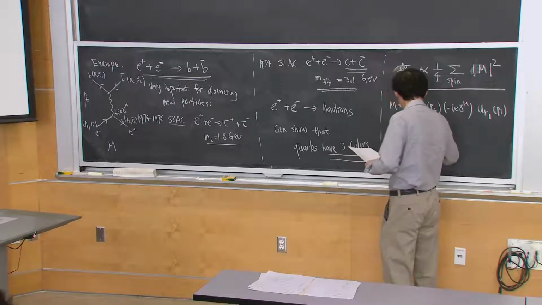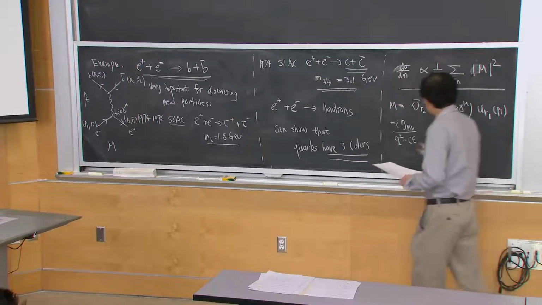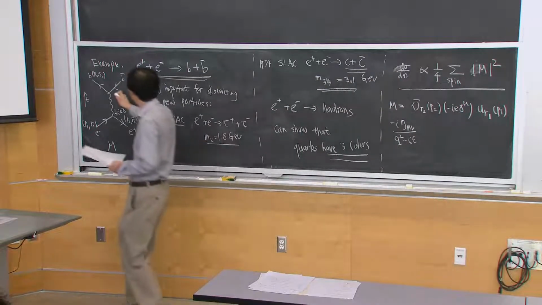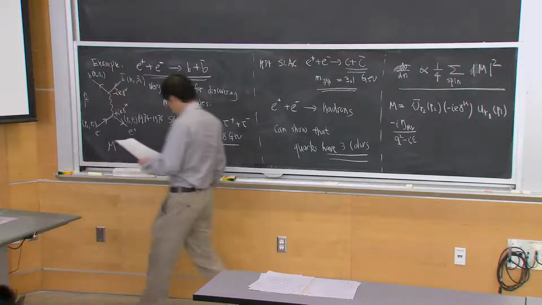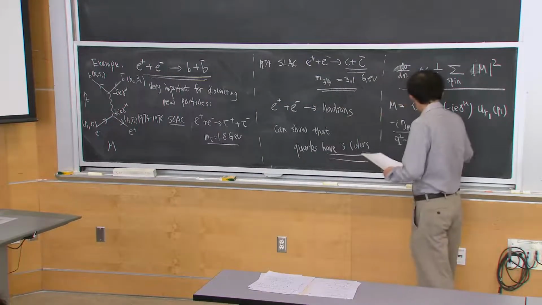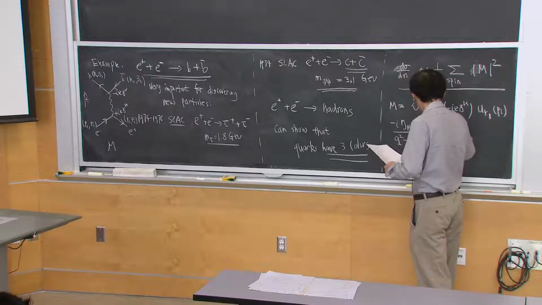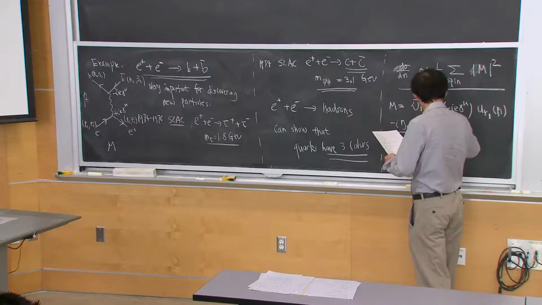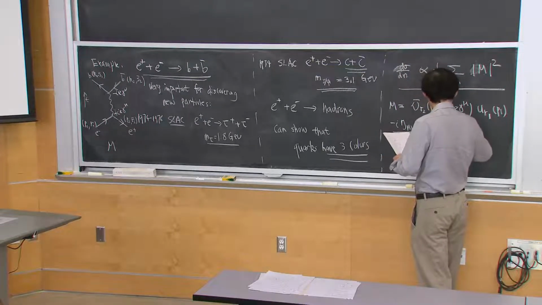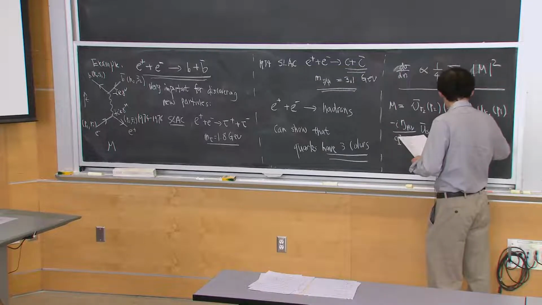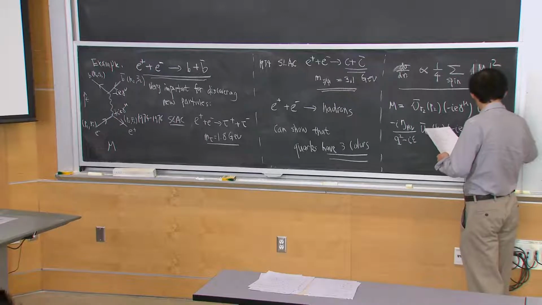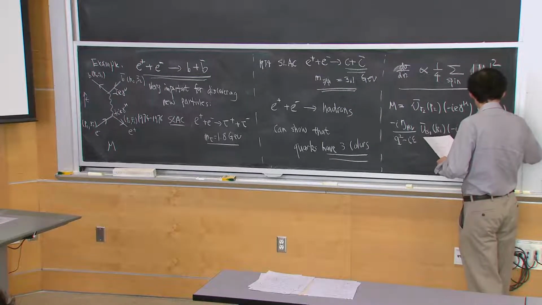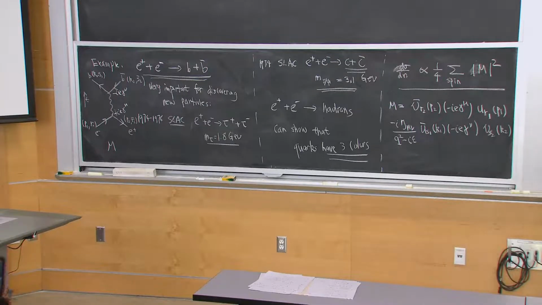Then following the other line, we have a vertex gamma nu, and then u bar s1 k1, then minus i e gamma nu, v s2 k2. So this is the full amplitude.